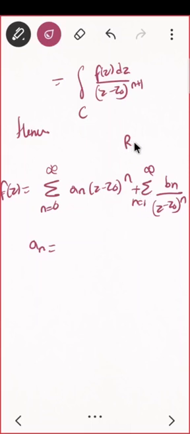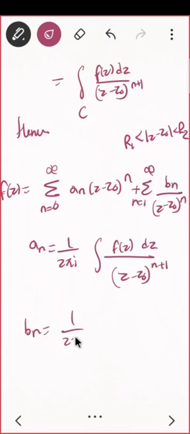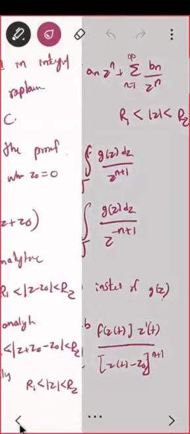Here I should have written r1 is less than mod z minus z naught less than r2, and where an is 1/2 pi i integral f of z dz upon z minus z naught raised to n plus 1. And bn is 1/2 pi i integral f of z dz upon z minus z naught raised to minus n plus 1. Yes, this completes the proof. So you see that the proof is the same as your Taylor expansion.